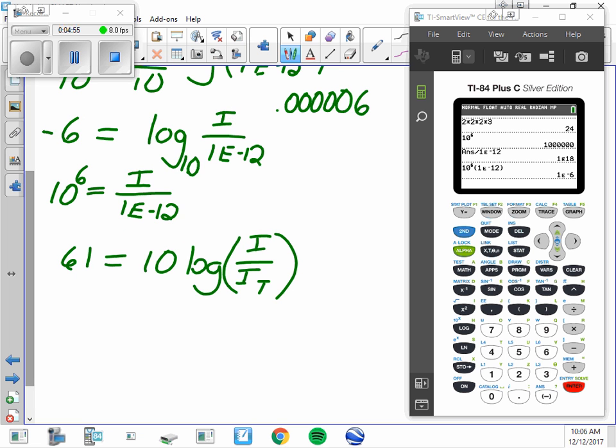Basically everything's going to be the same except this 6 is going to be 6.1. So I can just recalculate this, and instead of 6, I type in 6.1.